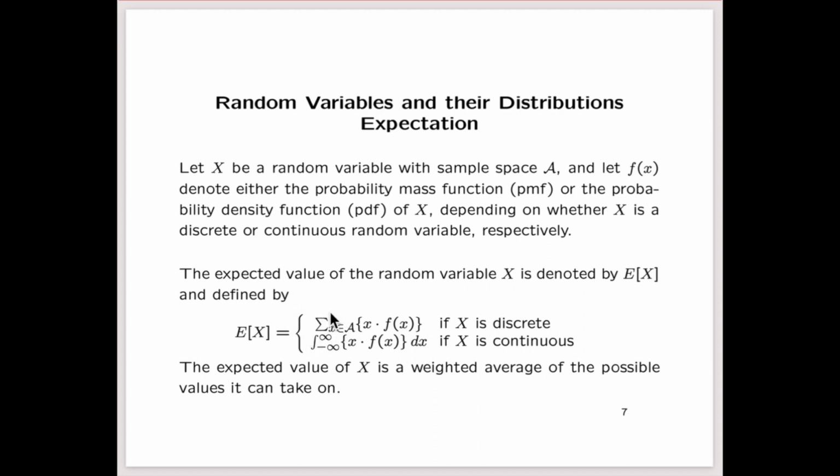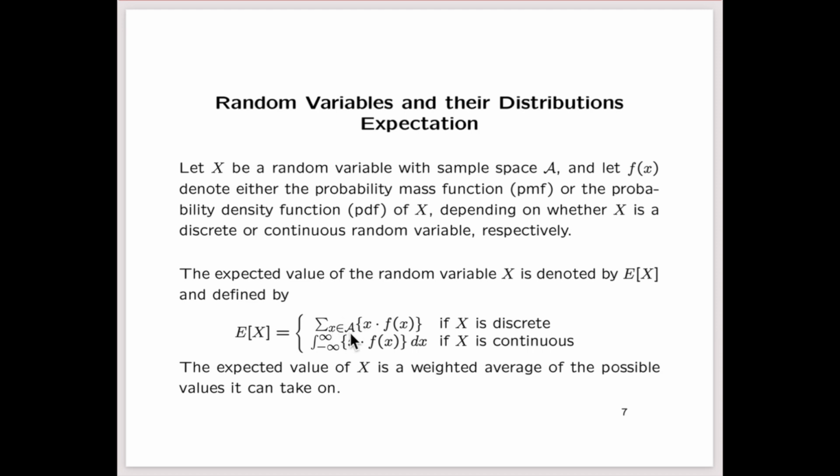So we have the summation operator, and we're summing over all values of little x in the sample space of capital X, the random variable X. And again, that sample space is denoted by script A. So this is just a way of saying we're going to add up the terms in the sum for all values of little x in the sample space of the random variable X.